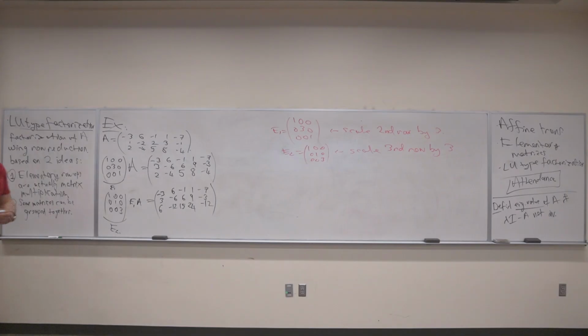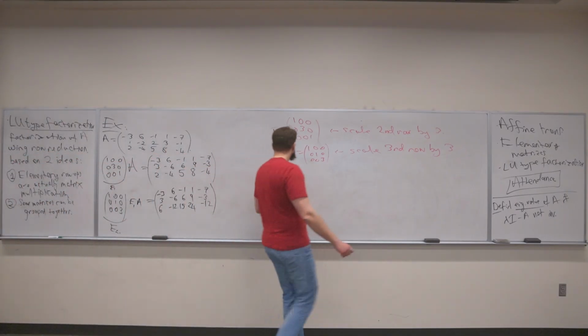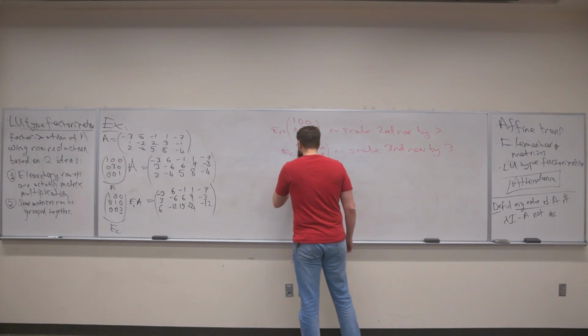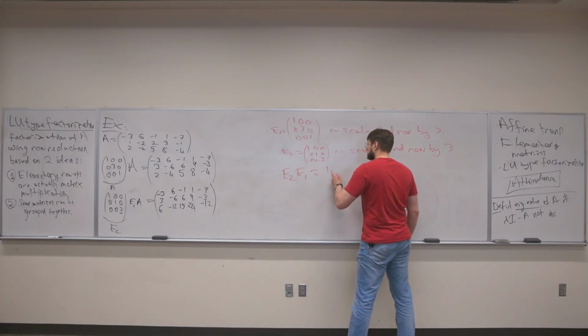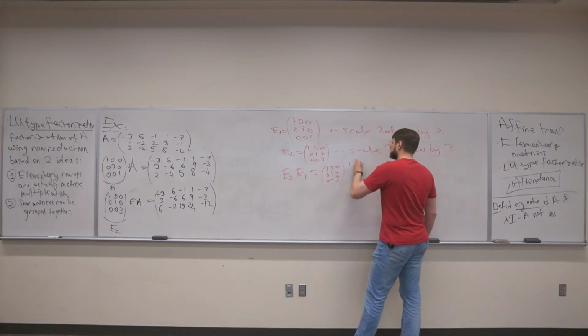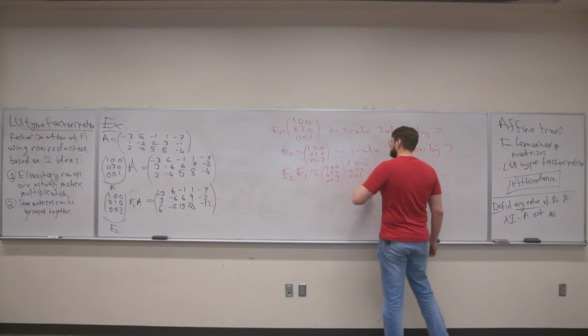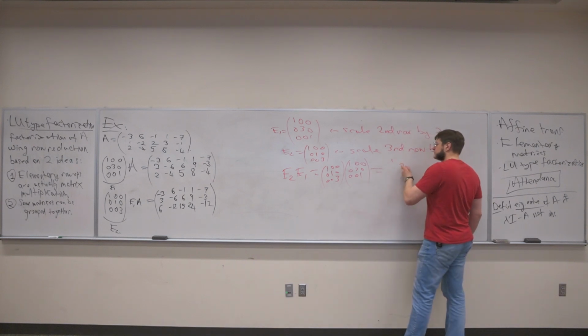And so this is that idea of matrix grouping. E2 E1 is this. The order matters. When you multiply this, it turns out that this is this.